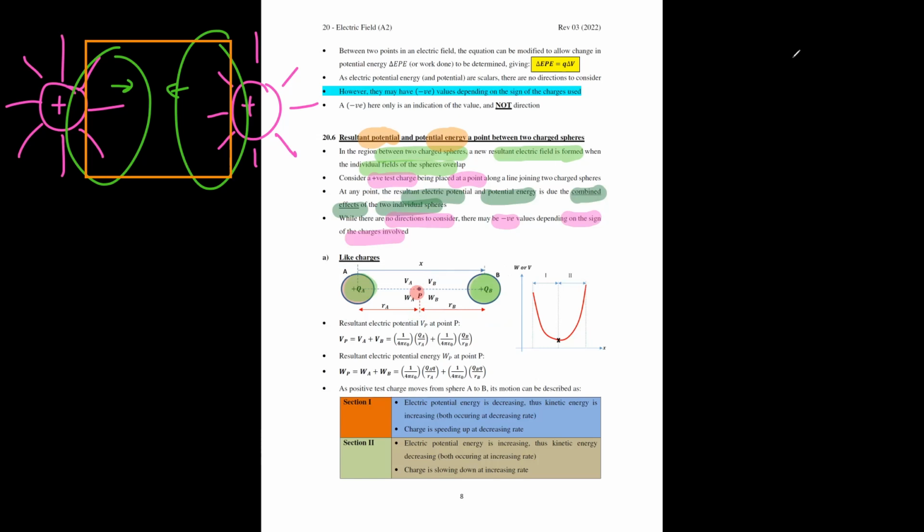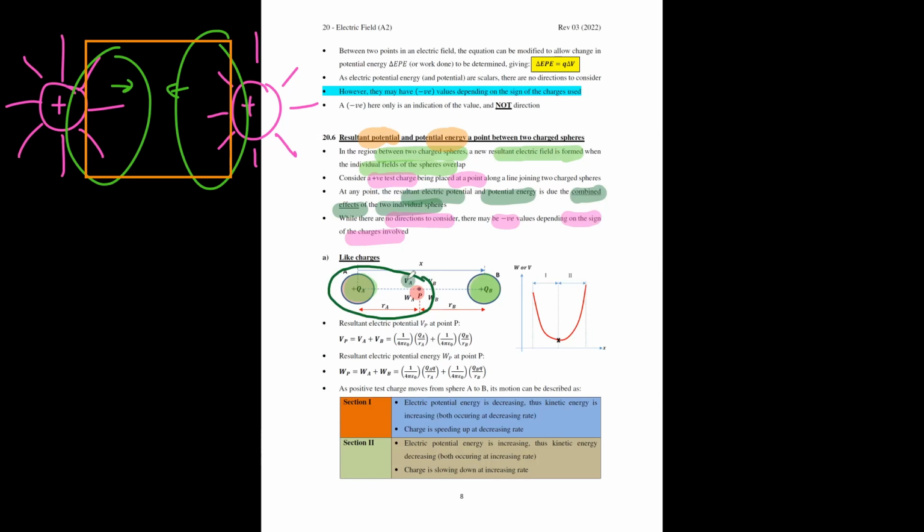Now you consider the effects due to A alone. I think it will be better for me just to start with electric potential. So if you want to find the resultant electric potential at point P, the potential at point P due to A would just be VA.